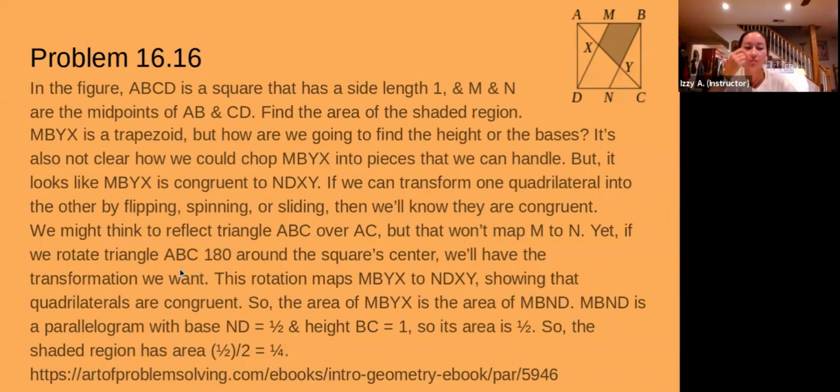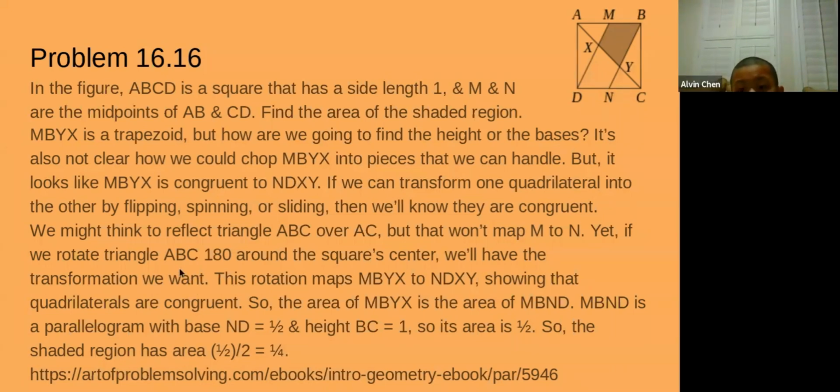So first of all, because MBYX is congruent to XYDN, the area of MBYX is 1/2 of the area of MBND. MBND, the area of that is 1/2 the area of the square.